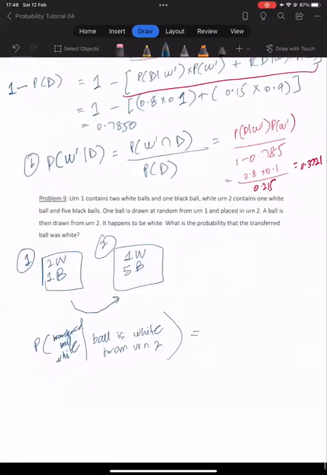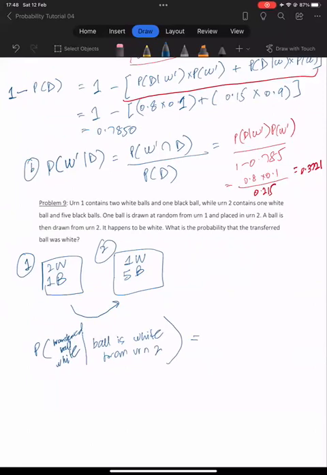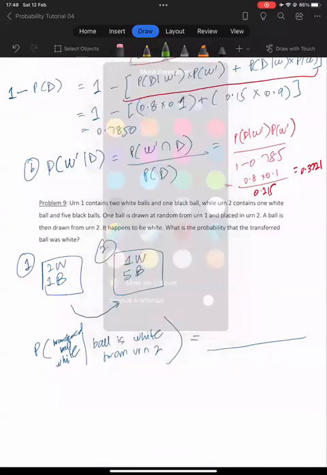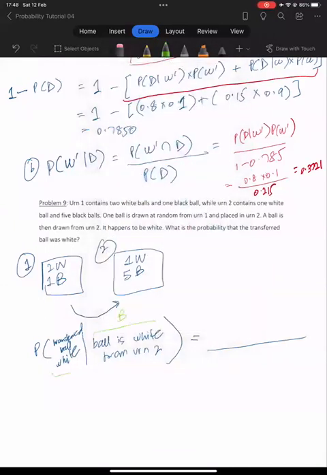So ball from urn 2 can be white in 2 cases. जो कि हम अच्छा ये बहुत बड़ा है ना, तो इसको हम event B बोल देते हैं और इसको हम A बोल देते हैं.